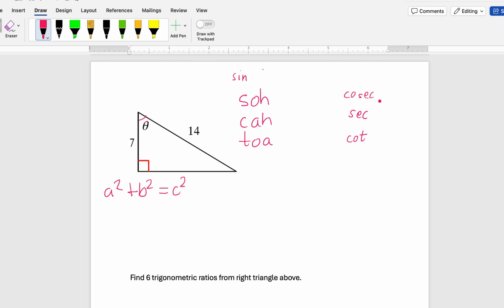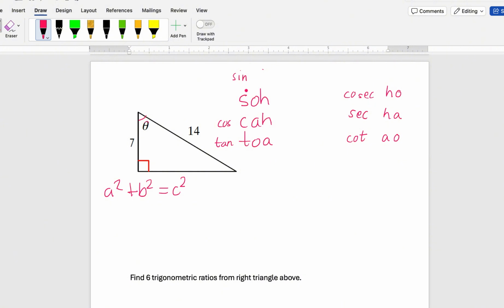For cosecant, we're going to have hypotenuse over opposite. This one is cosine, and it has adjacent over hypotenuse, whereas secant is going to have hypotenuse over adjacent. This is tangent, which is opposite over adjacent, and we have cotangent, which is adjacent over opposite.